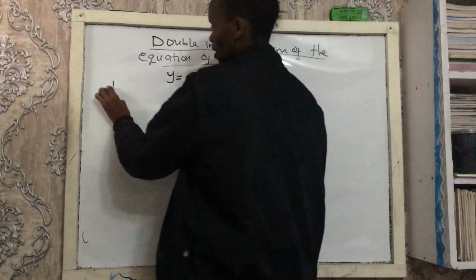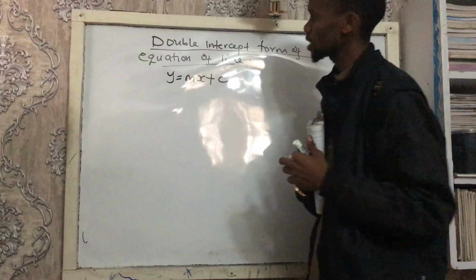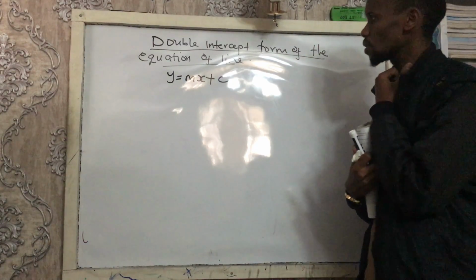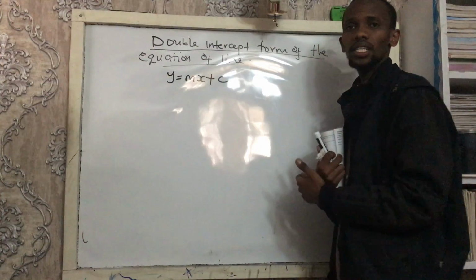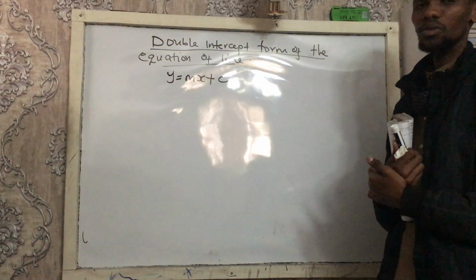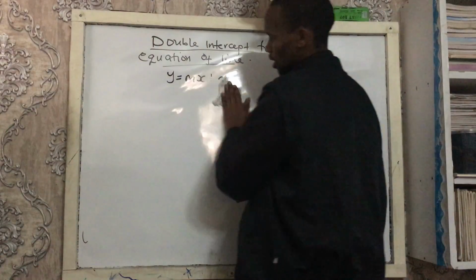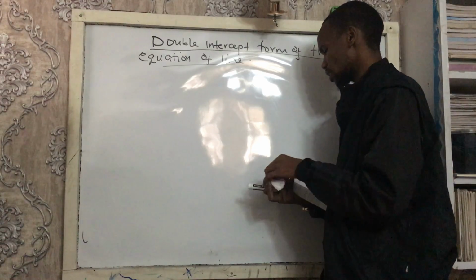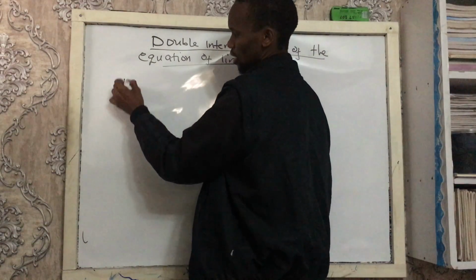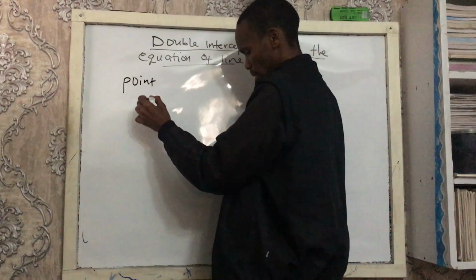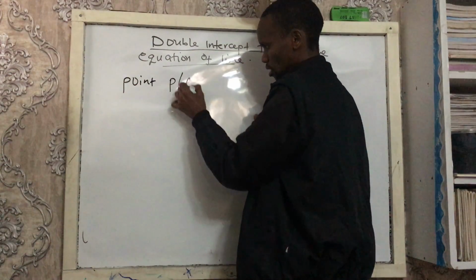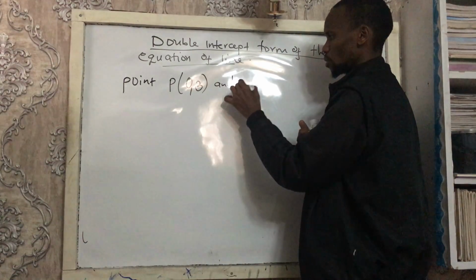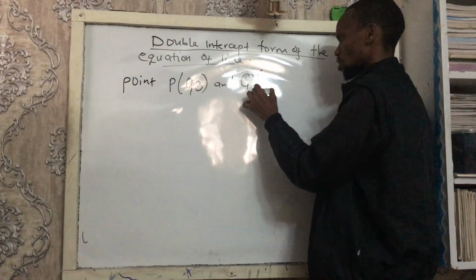Now, yesterday I showed you how to get the intercept from the equation in the form of y equals mx plus c. But it might also come in what you call the double intercept form of the equation of a line. Now I want us to consider maybe a line passing through the point P, which is (0, 3), and also point Q, which is (5, 0).